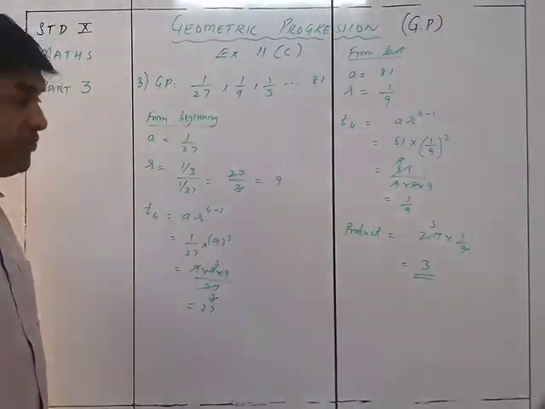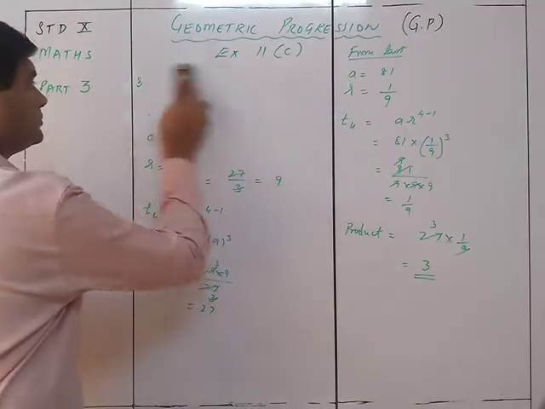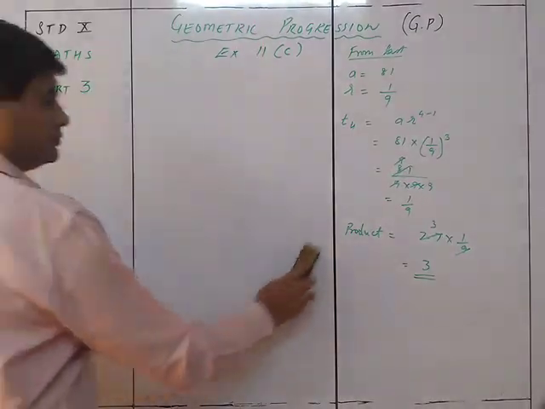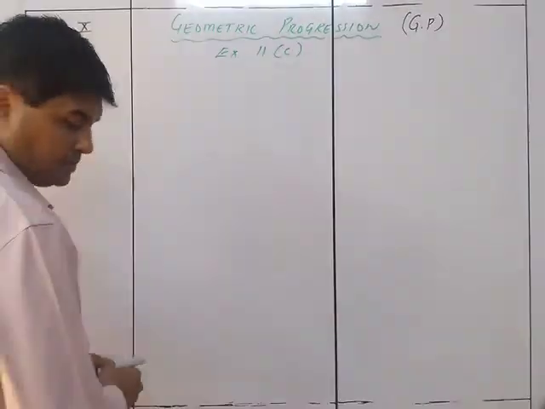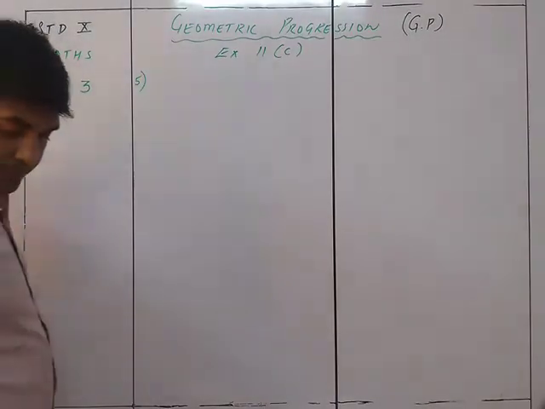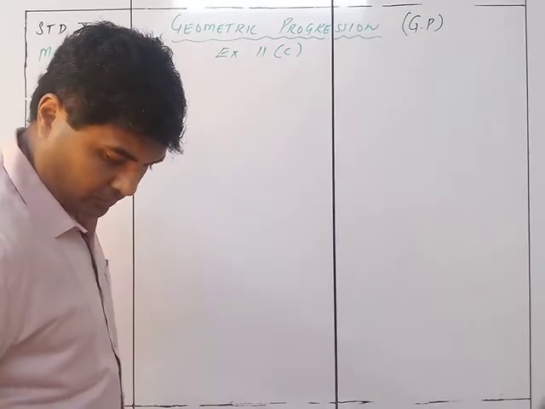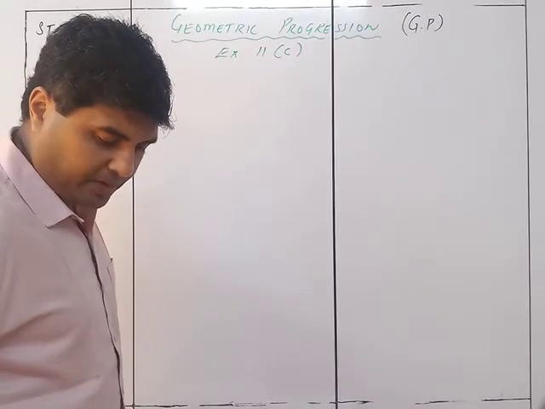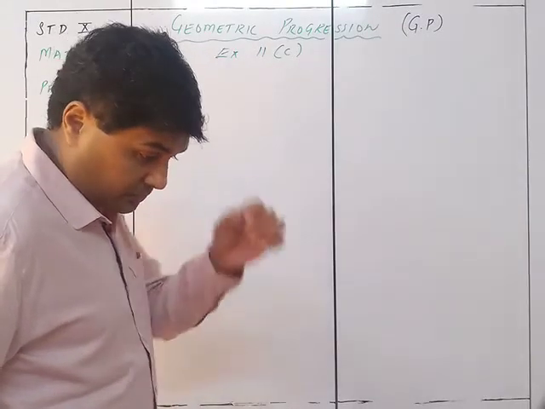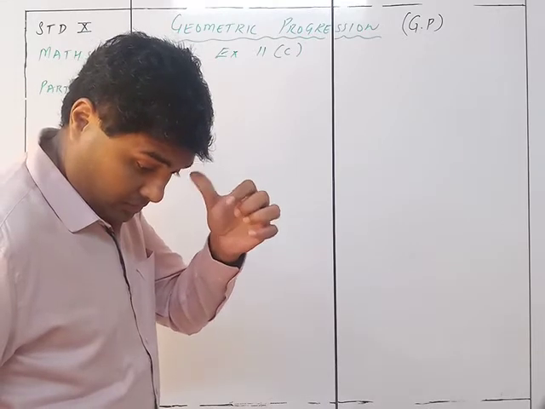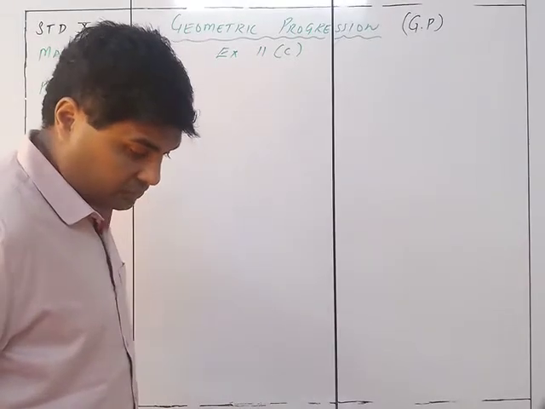We now move on to sum number 5. If A, B and C are in GP, prove that log A, log B, log C are in AP.